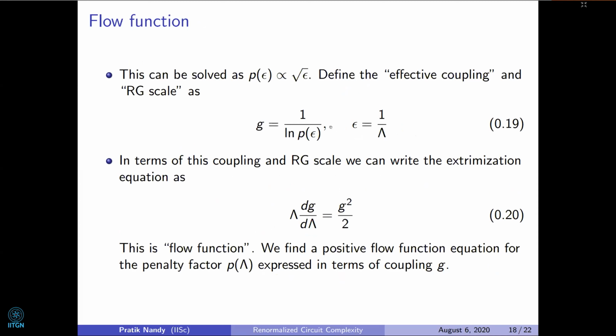In this case also, we can define an effective coupling G and some RG scale lambda, and we get some kind of beta function equation, which is just a positive flow function equation because the sign is already positive.